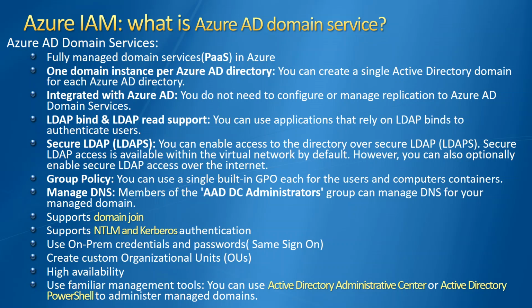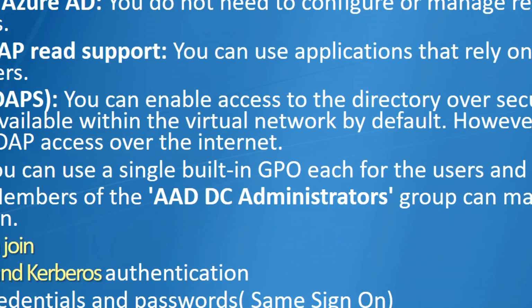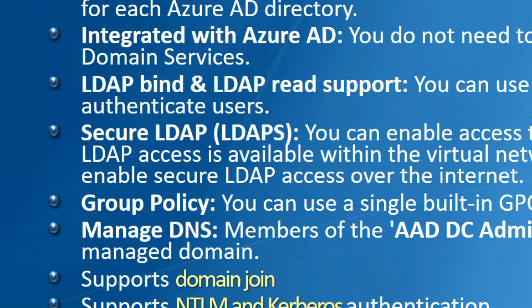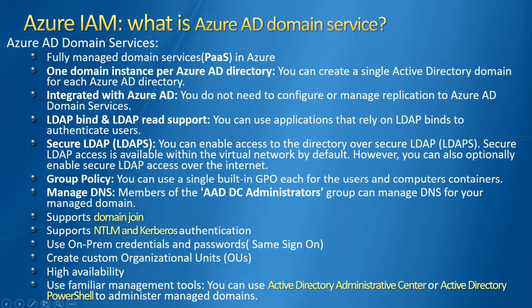In the past, if you had to set up your own domain, you would set up a server, install Active Directory Domain Services on top of that, and DC promo it. Then you maintain that infrastructure as a service VM, patch it, and manage the complete infrastructure.